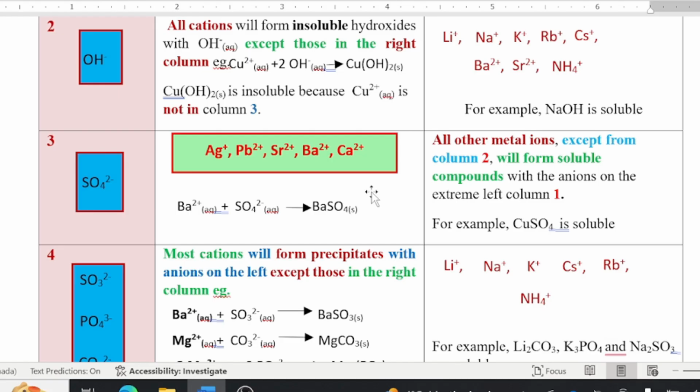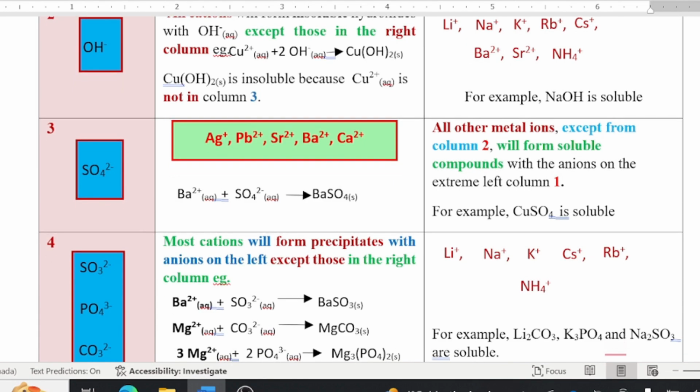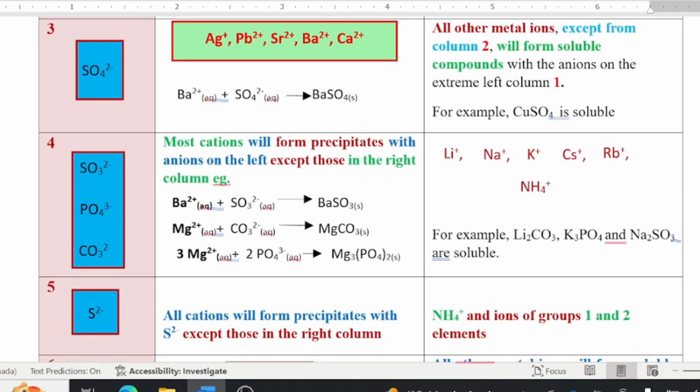I check here to see if it is soluble or not. If it is not amongst these, then it must be here where you find soluble sulfates. So you do it by elimination. Look where they give you one set, and if that thing is not there, it must belong to the other set.